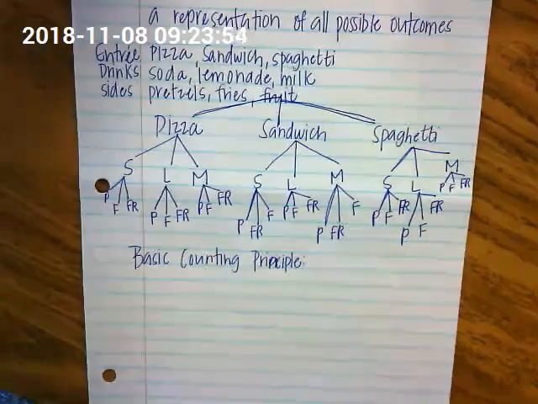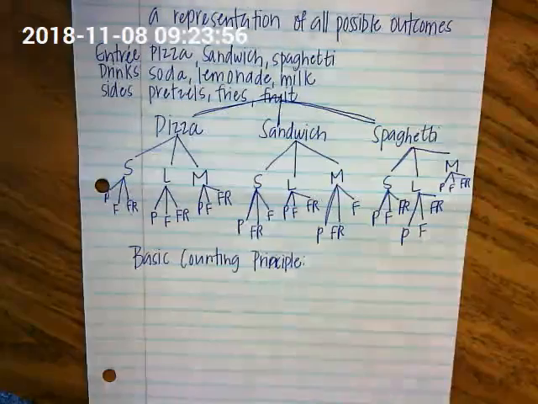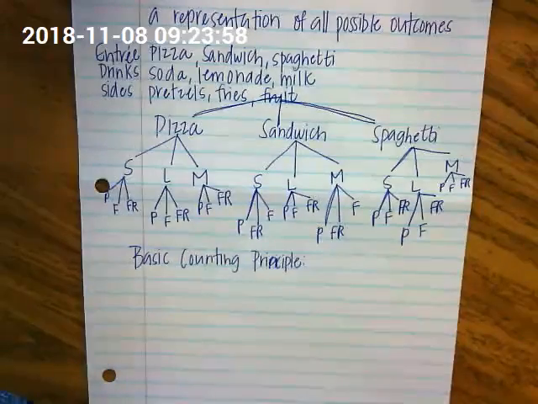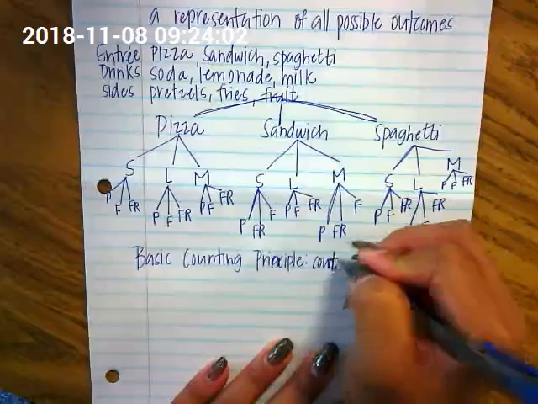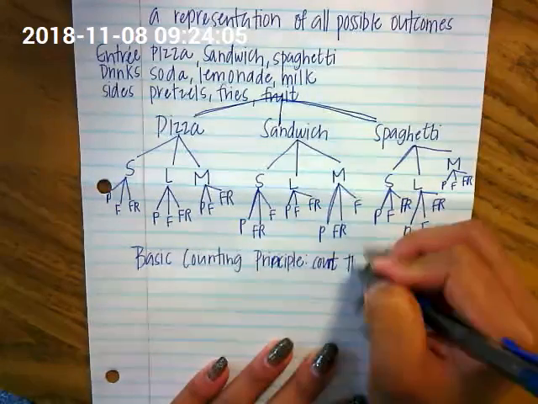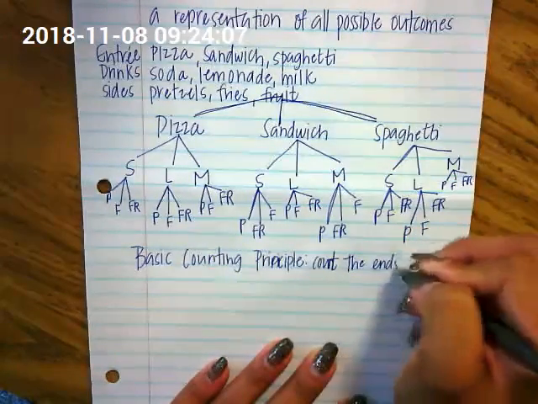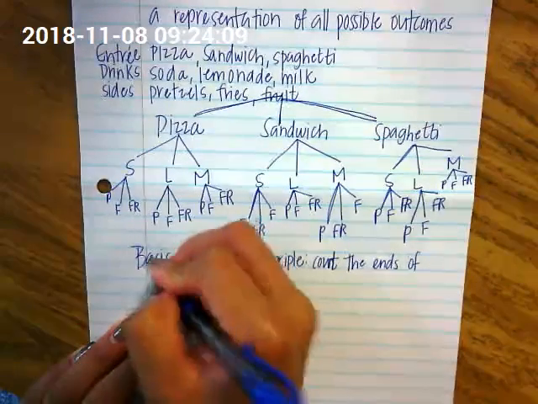So your basic counting principle: we are going to count the ends of the tree diagram.